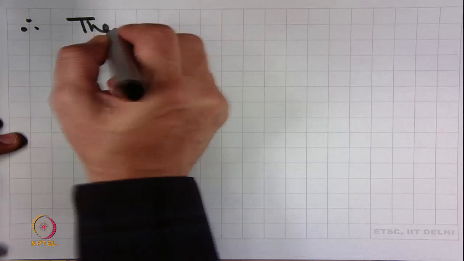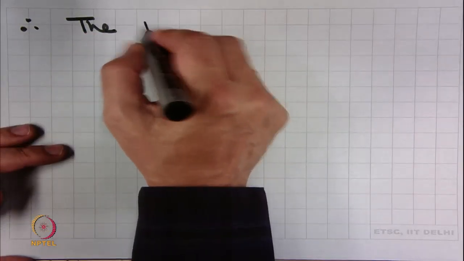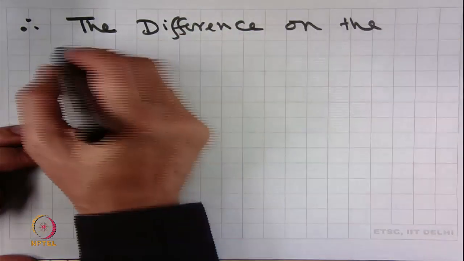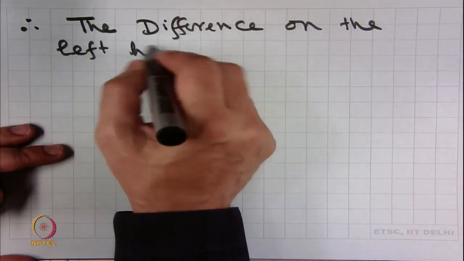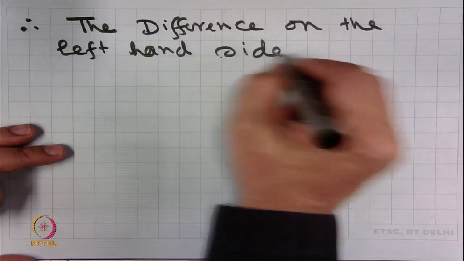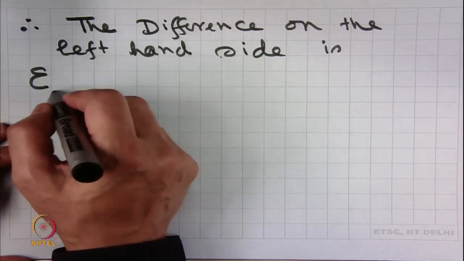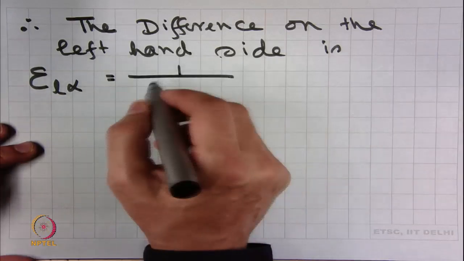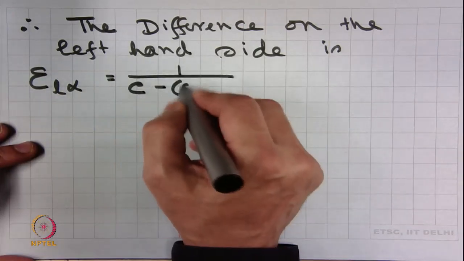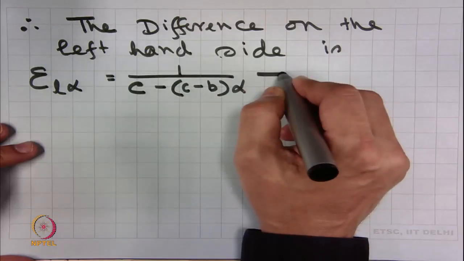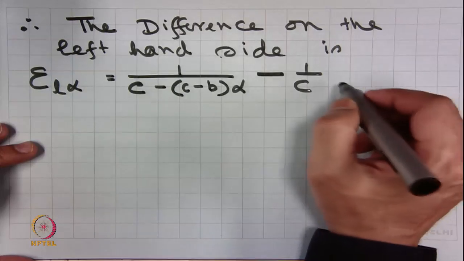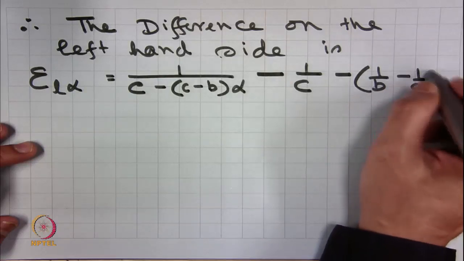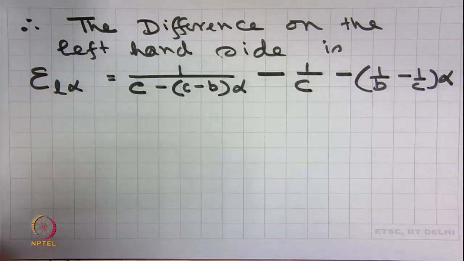The difference on the left hand side is, if we call it epsilon L alpha, equal to 1 upon C minus B alpha minus 1 upon C plus 1 upon C minus 1 upon B alpha. So, this is a function of alpha.